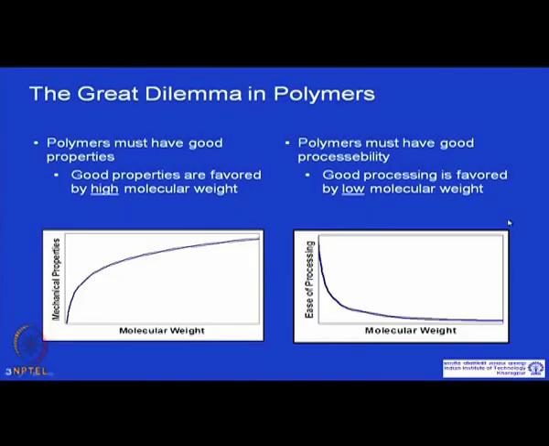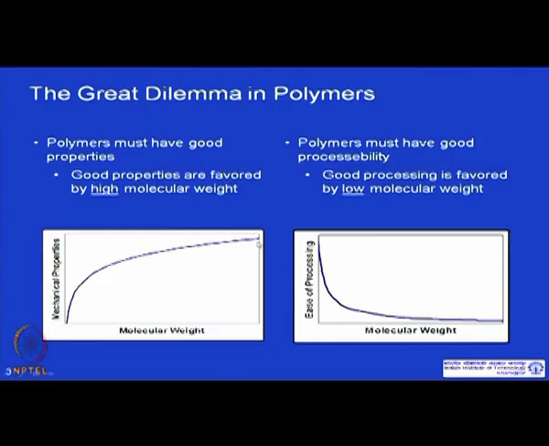Now, let us talk about a great dilemma in case of polymers. We know, or you can anticipate, that the properties, mainly mechanical properties, of a polymer material should increase with molecular weight. It does increase and then becomes steady after very high molecular weight.